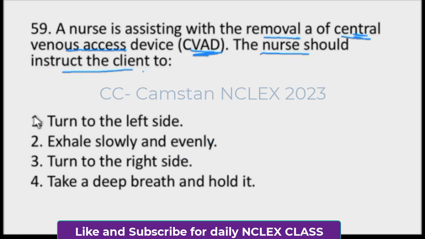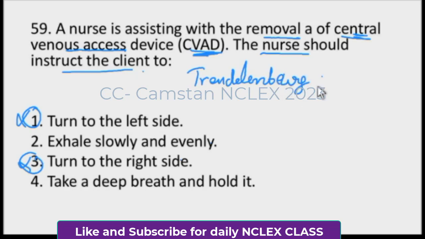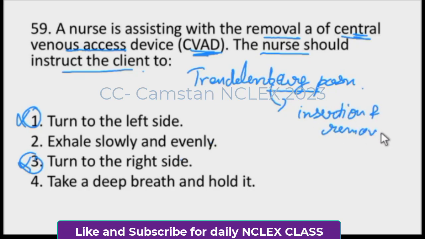So talking about first and third option, they both are incorrect because the correct position while removal of this CVAD is Trendelenburg position. Trendelenburg position is the preferred position for central venous access device insertion as well as removal, for both insertion and removal, right?